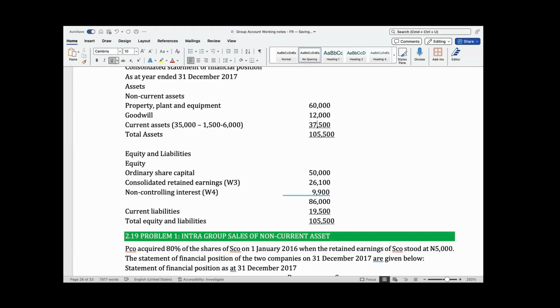Is that not 27,500? And you're going to remove the same 6,000 from here as well. So what will remain? 13,500. So our final answer will change.